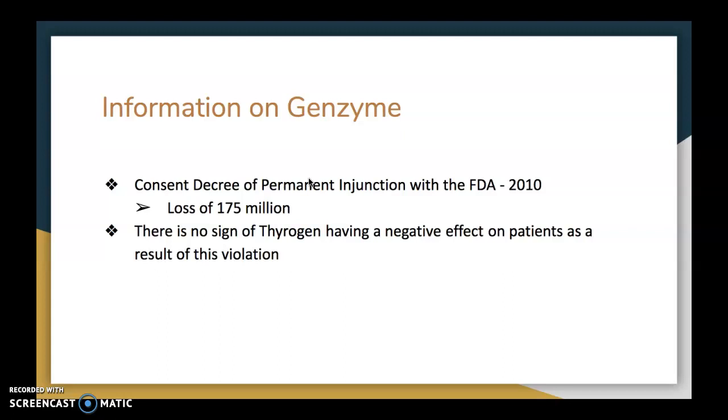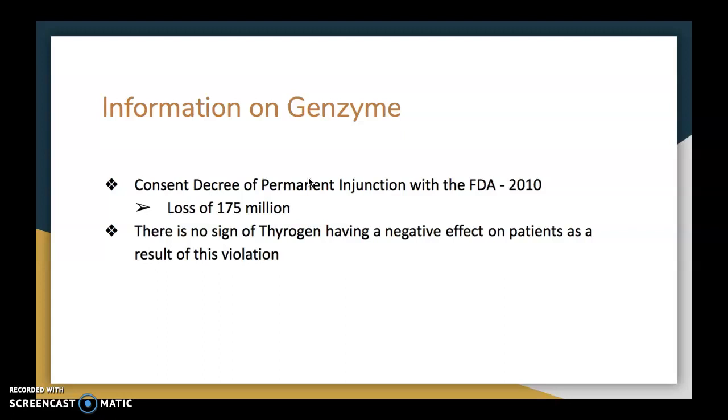In 2010, Genzyme entered into a consent decree of permanent injunction with the FDA because Genzyme was accused of manufacturing, labeling, and distributing drugs at its Massachusetts facility in violation of a current manufacturing requirement for drugs. And that actually resulted in a loss of $175 million.